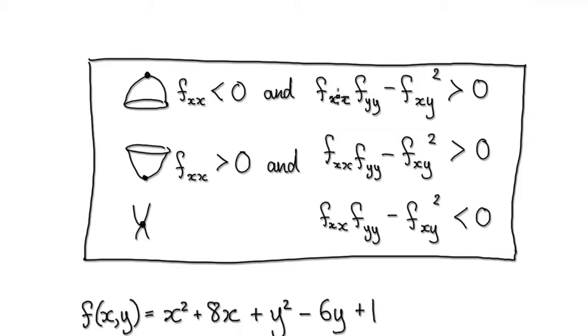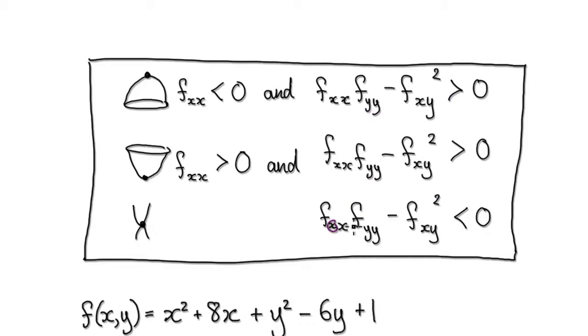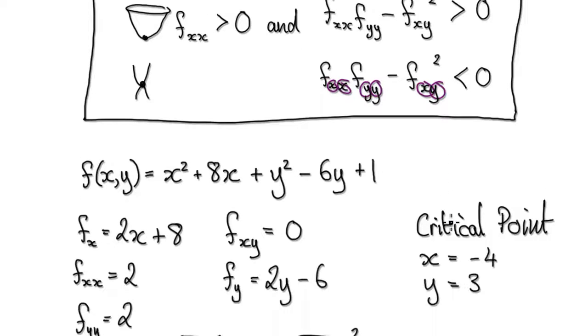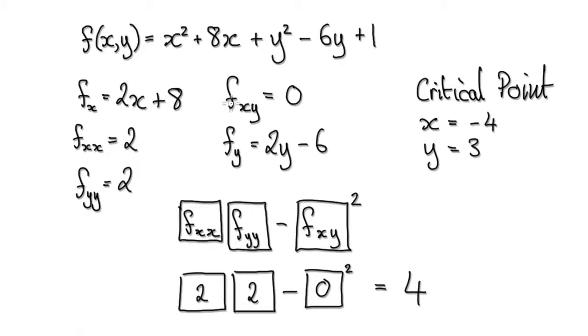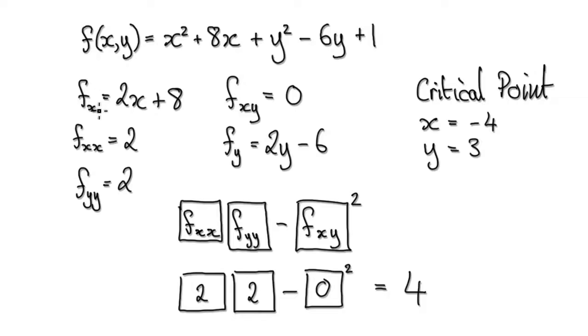So we need, well, all these three are the same. So let's just find the value of this block here. So we need fxx, and we need fyy, and we need fxy. So looking at our surface, let's find fx.